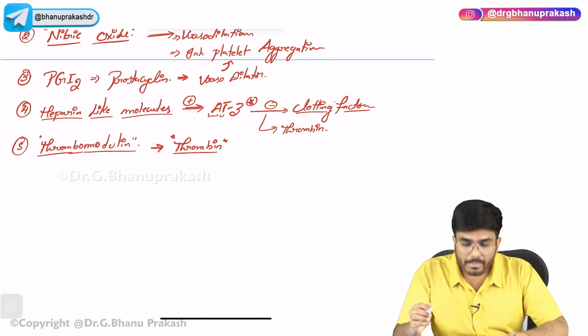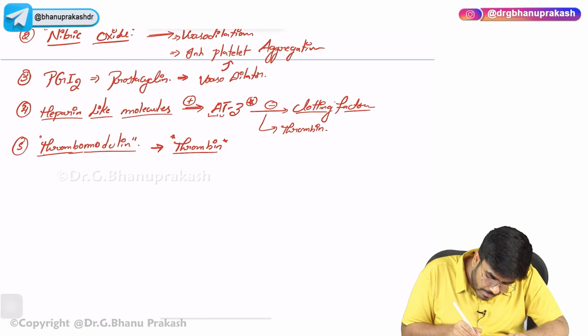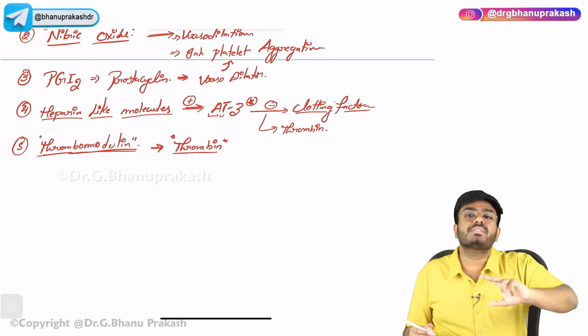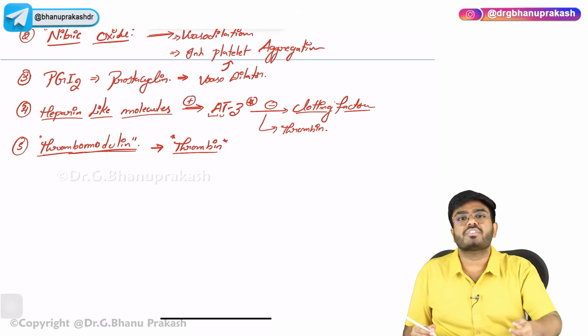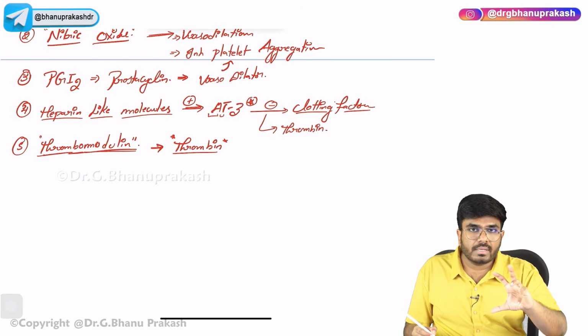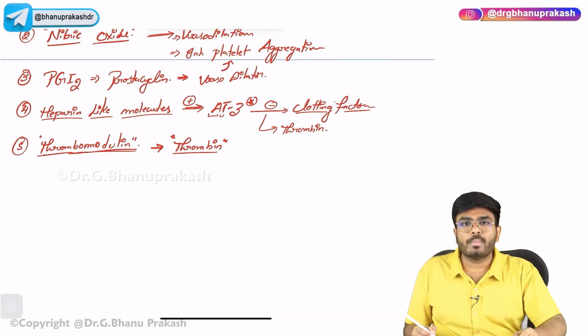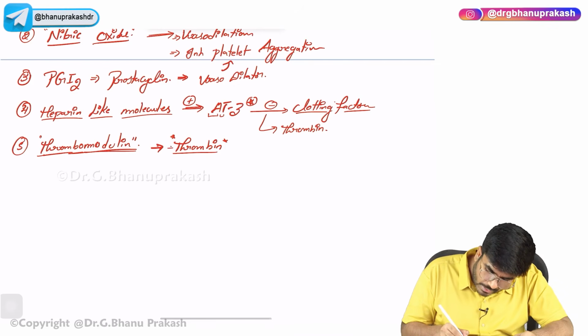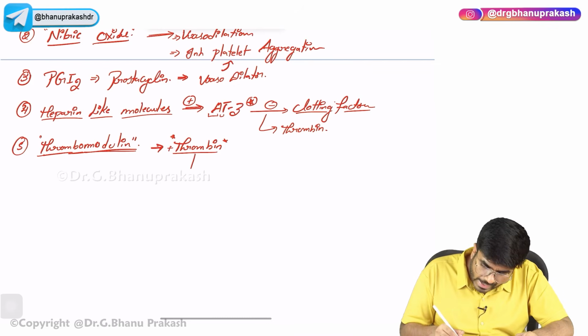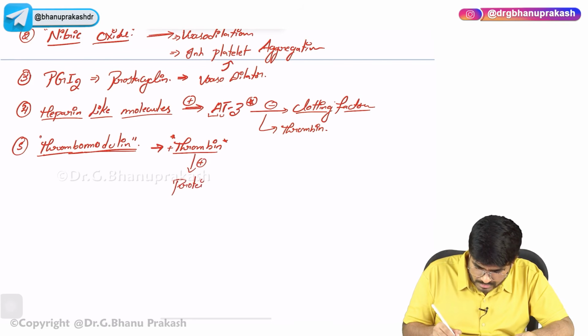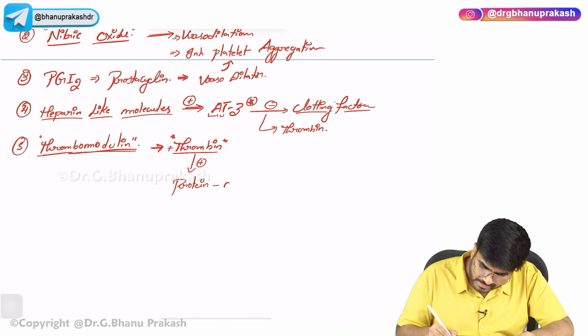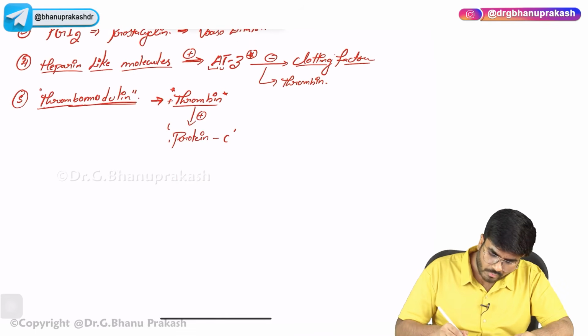You know it. But in the name thrombomodulin itself, modulating means changing the function. Thrombomodulin changes the functions of thrombin. Now thrombin, do you know what it will do? It will activate something called protein C. So instead of thrombosis, it is activating protein C. Now, what is protein C, sir?